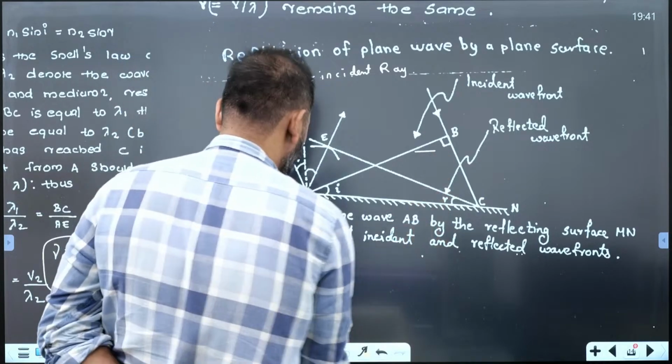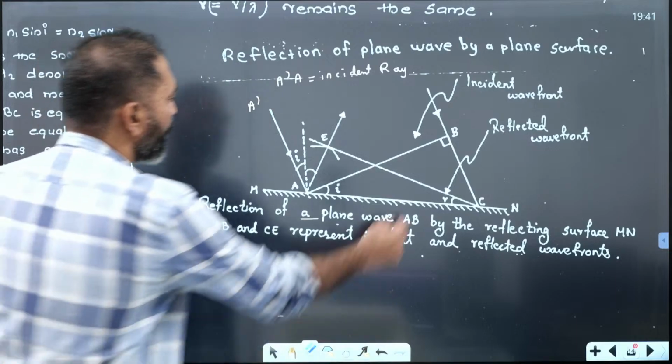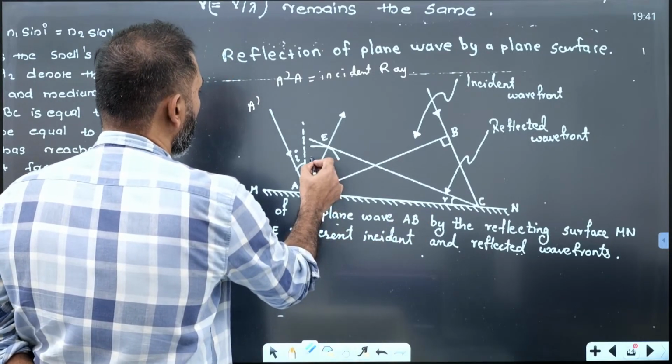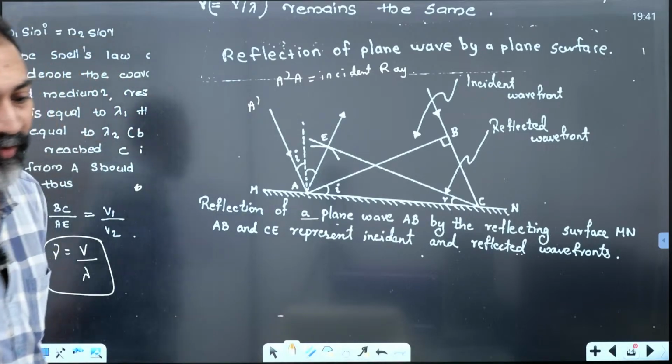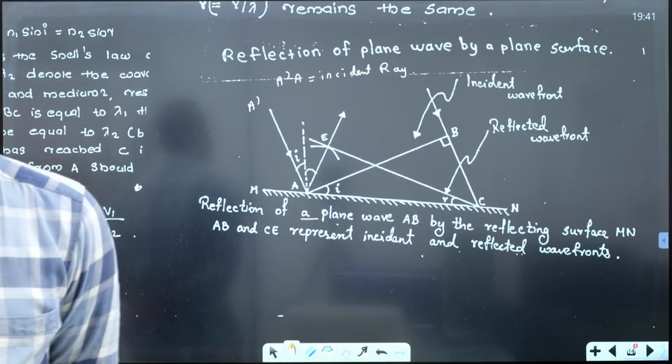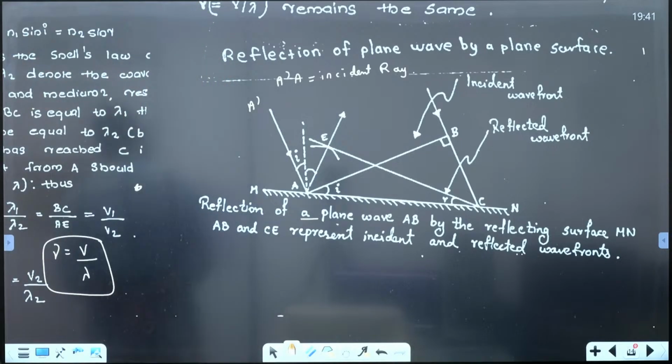This angle is 90 and this is I. This is angle R. This is also angle R. Please draw the figure. What you are doing is proving the law of reflection using Huygens principle.